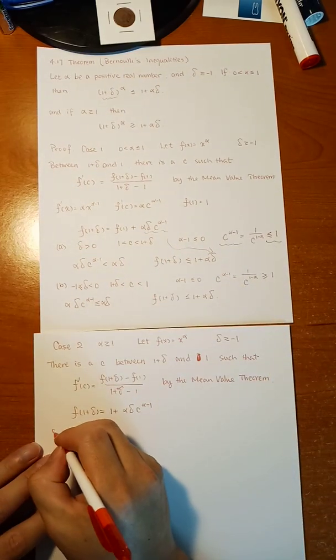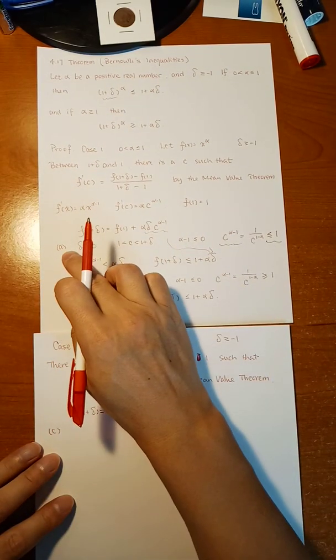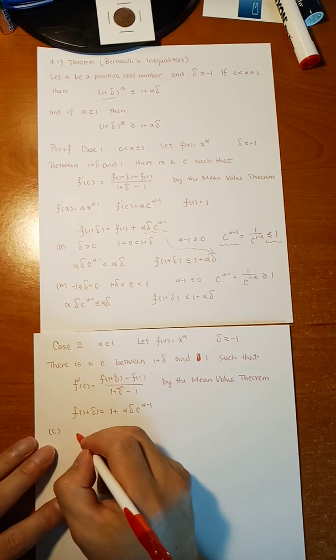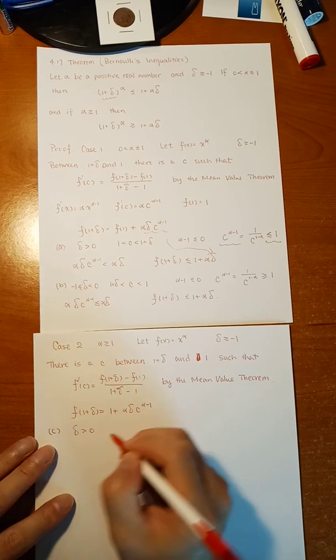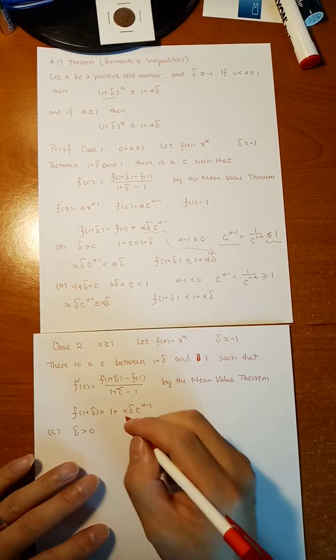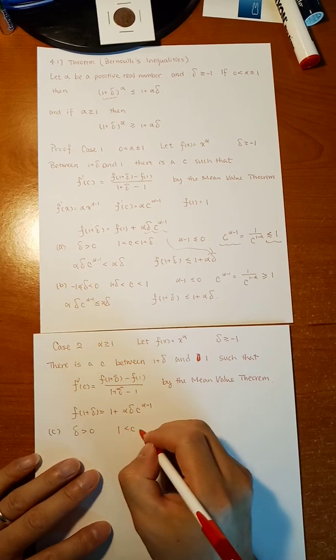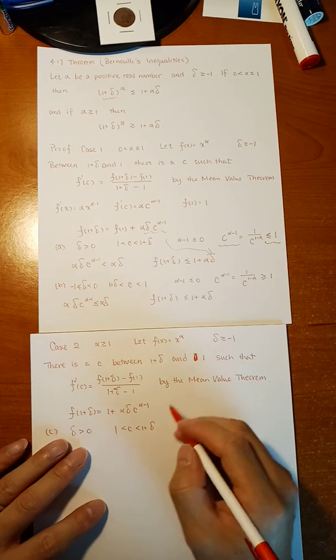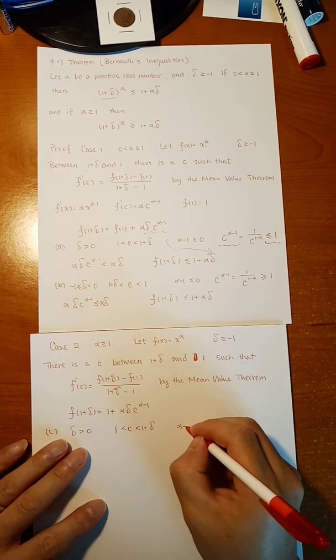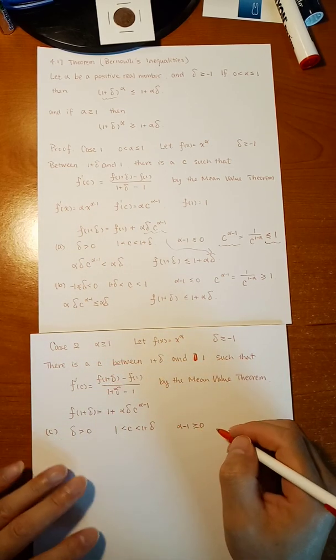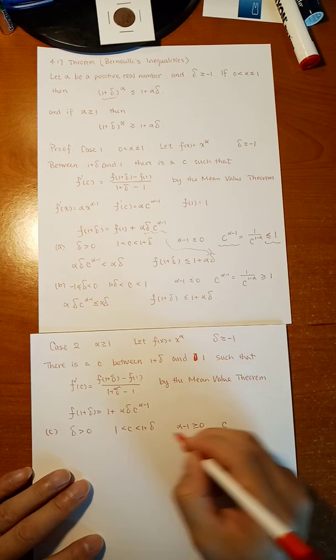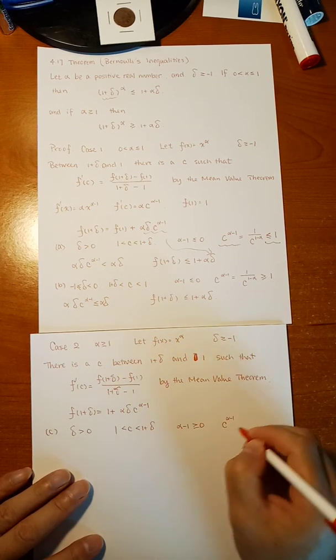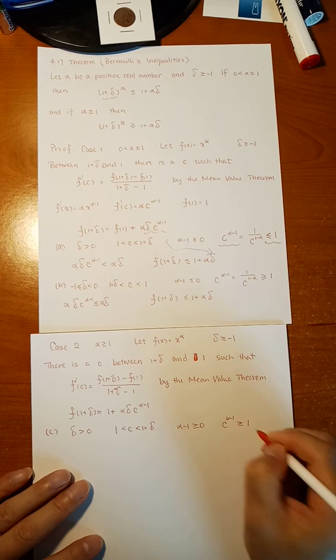Now we have the cases A, B, and then I put C. Delta is greater than 0. Then c is between 1 and 1 plus delta. And this time, alpha is greater than or equal to 1, so alpha minus 1 is positive. So c is a bigger number. You take a positive power, it's going to be greater than or equal to 1.